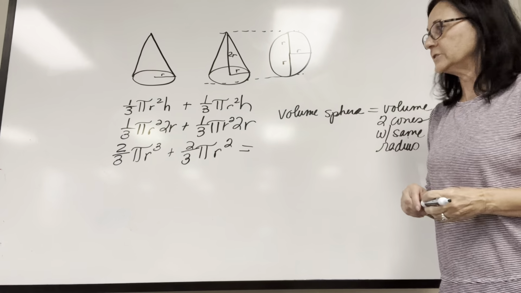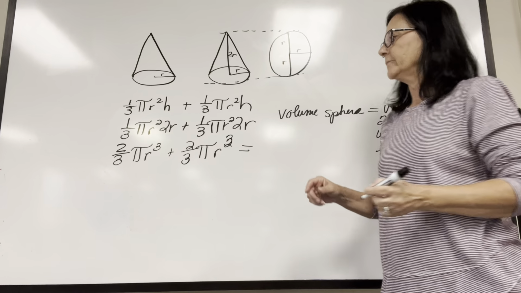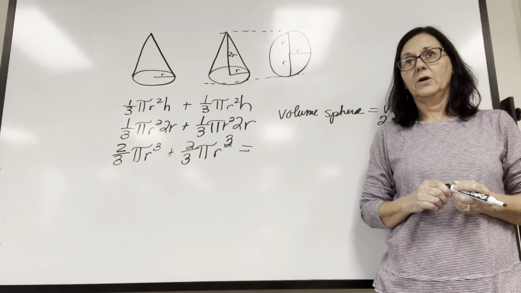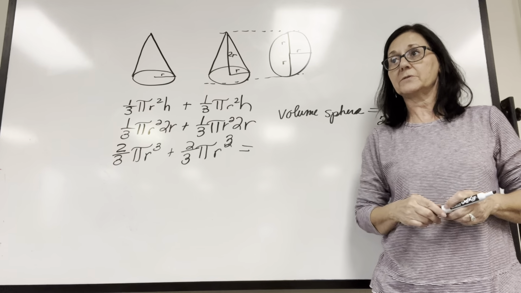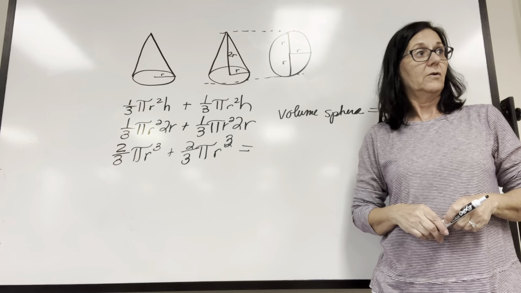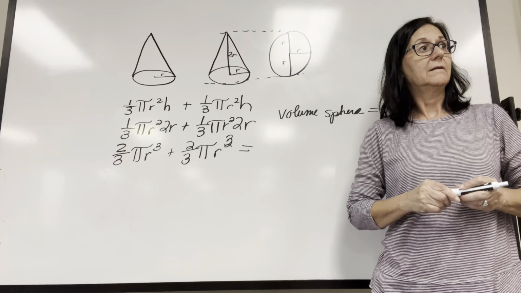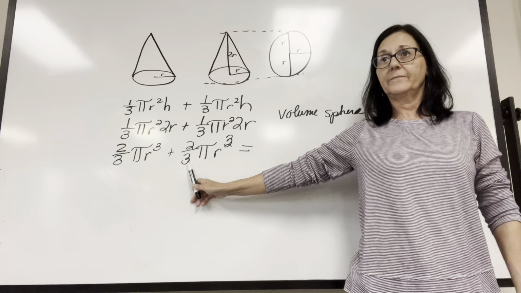Do we have like cubed? Thank you. I said cubed and only squared it. Do we have like terms? Yes, we do. So what do we add when we have like terms? The fractions. And what are these called?